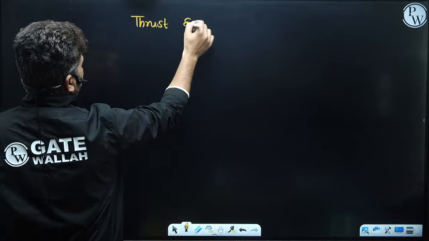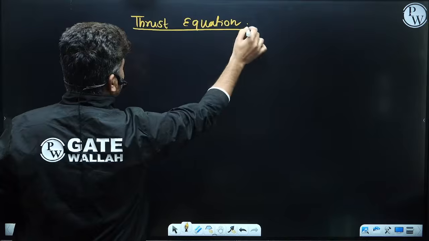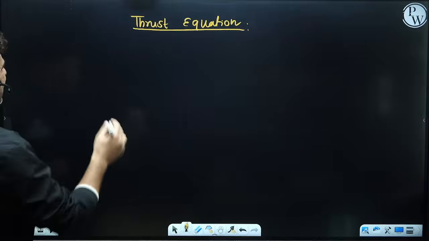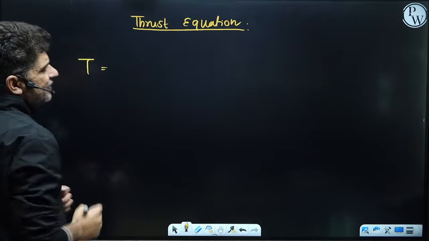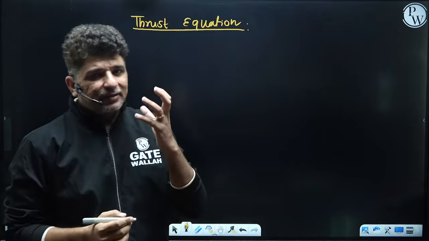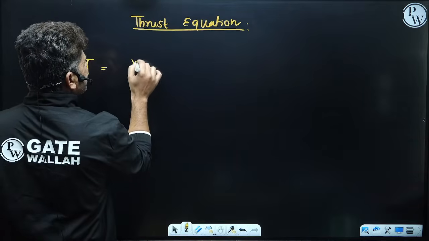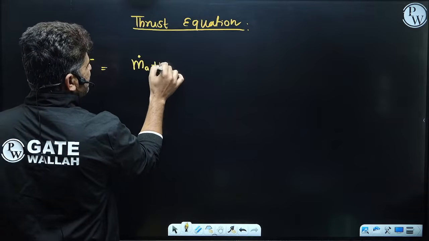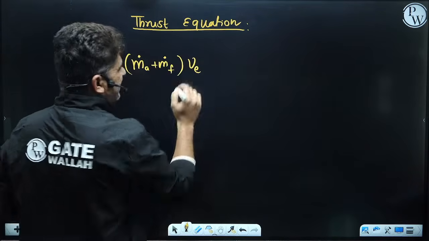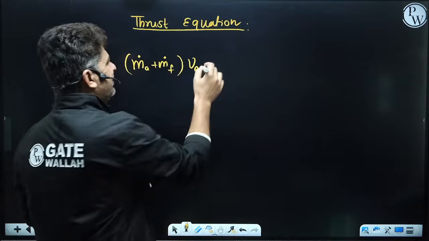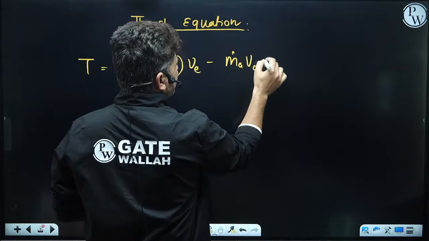In the thrust equation, if you all remember, we had discussed that the thrust developed by any aircraft consists of two terms. There was a term which was coming from the change in momentum of the gases. So mass flow rate of air plus mass flow rate of fuel, they both are exiting with velocity v exit, and then the air is getting inside, mass flow rate of air at velocity v infinity.